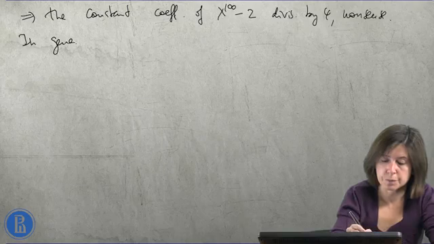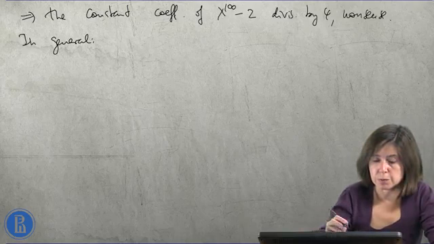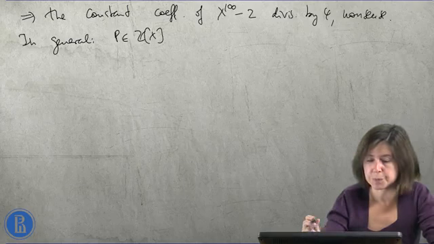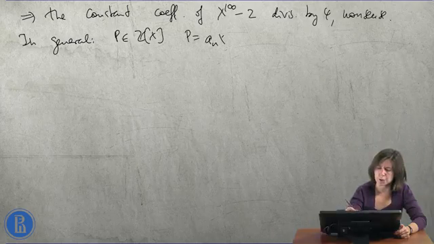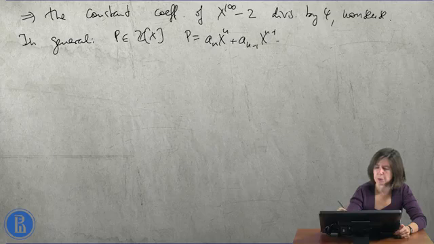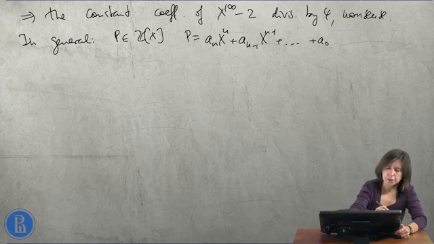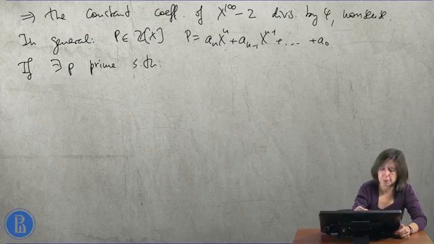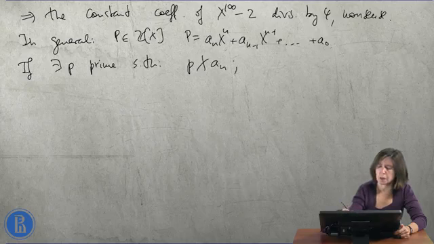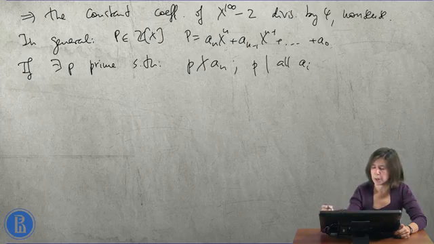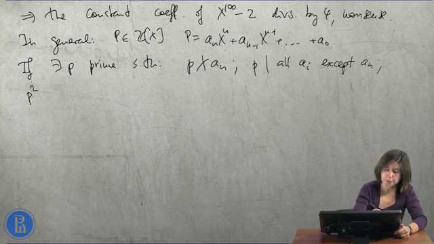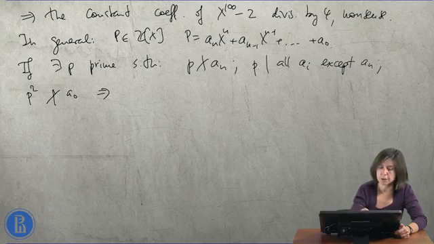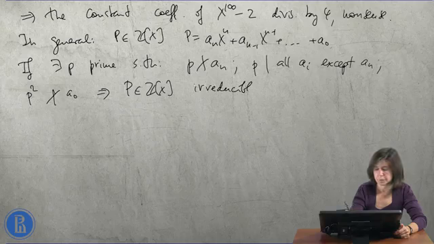In general, if you have a polynomial with integral coefficients, P is a_n x to the power n plus a_{n-1} x to the power n minus 1 plus and so on plus a_0, and there exists p prime such that p does not divide a_n, p divides all a_i except a_n, and p square does not divide a_0, then this P is irreducible. And the proof is exactly the same.